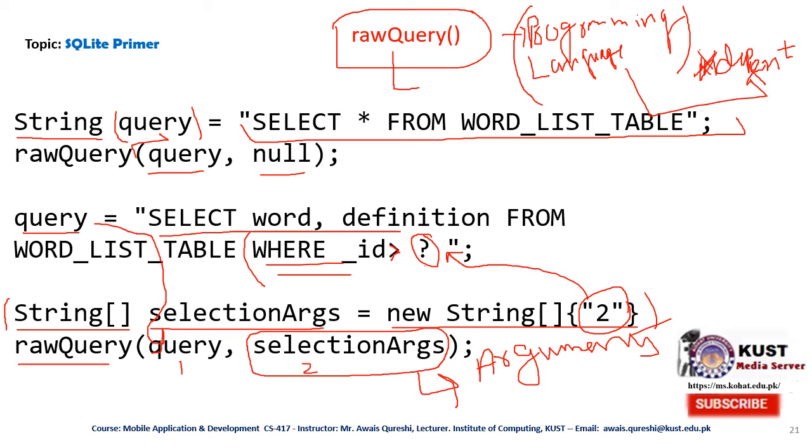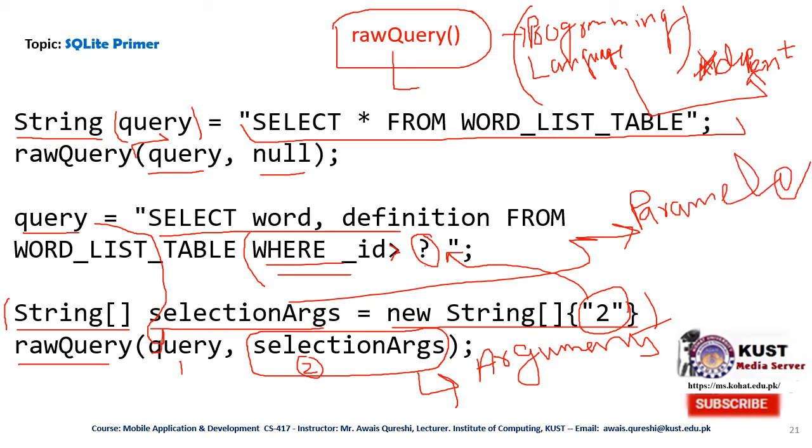Okay, so this is the second argument. When this query runs, it will get this 2 from this parameter array. You can call this a parameter array, which is of type string.